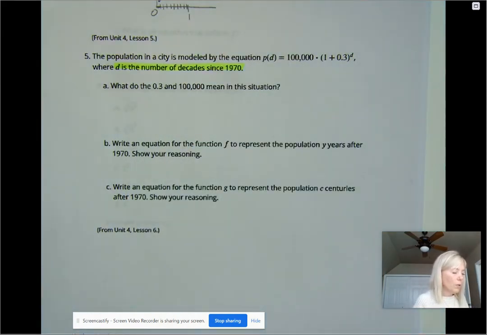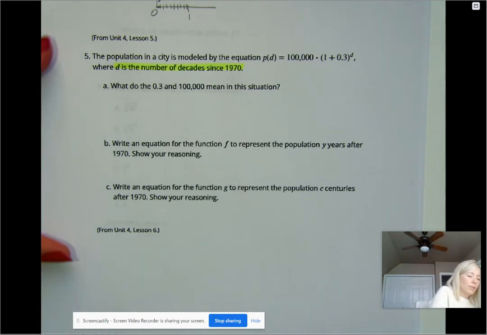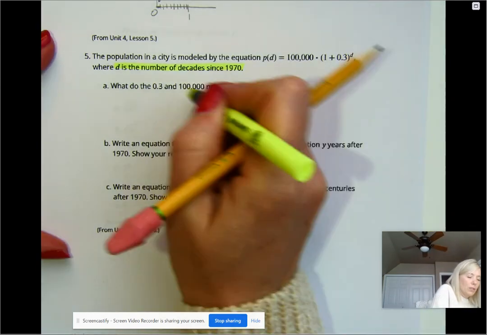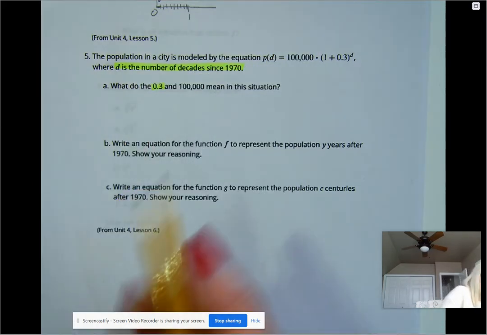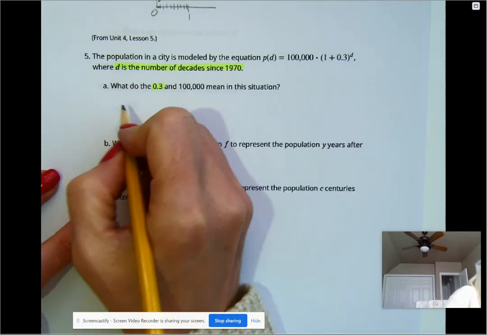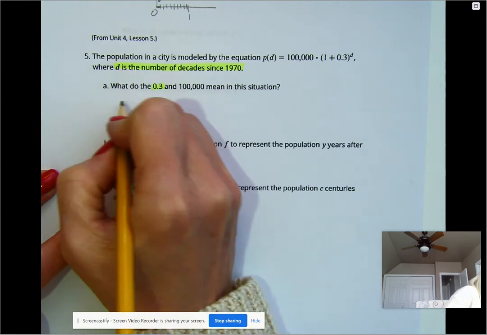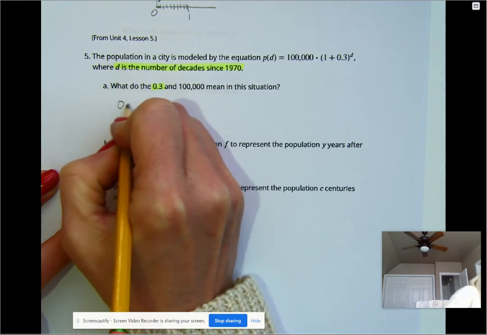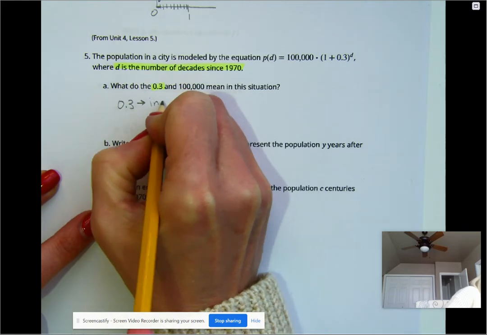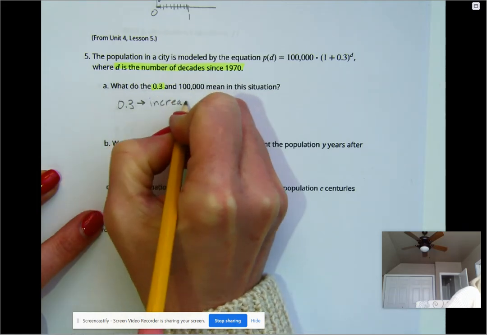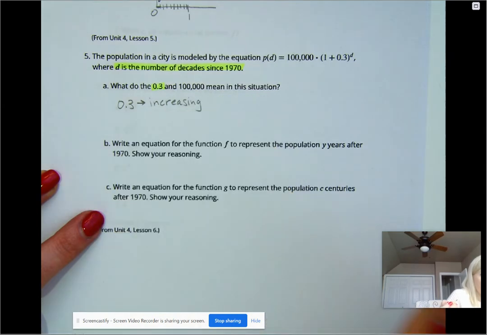So what do the 0.3 and 100,000 mean in the situation? So the 0.3 means that the population is increasing by 30%, because 0.3 as a percent is 30%.